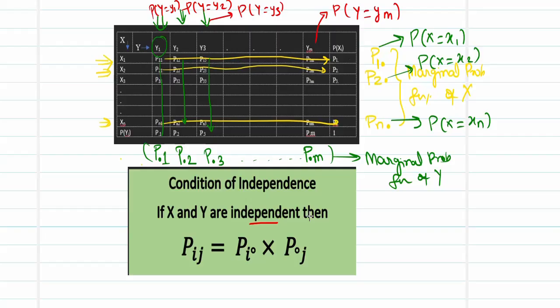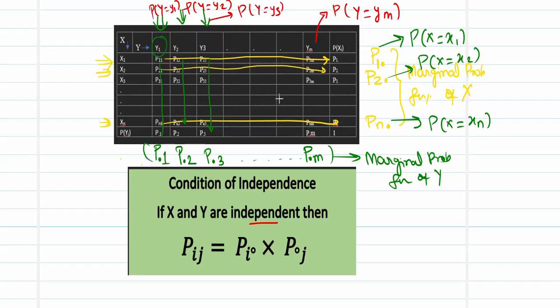And when they are independent, what can we say about their marginal functions? Then the probability Pij is nothing but the product of the marginal probability function of x and the marginal probability function of y, in which case your P11 is probability of x equal to x1 into probability of y equal to y1.